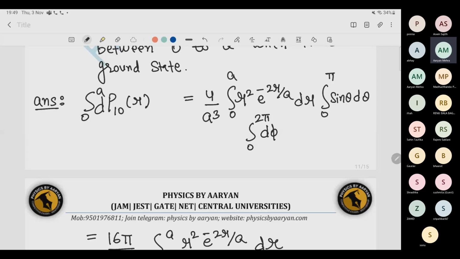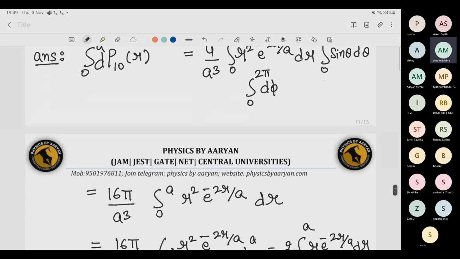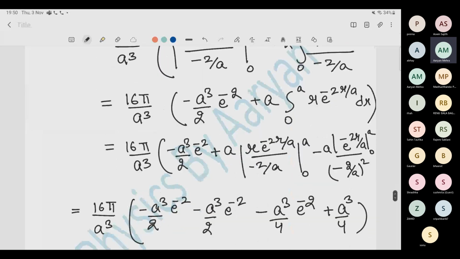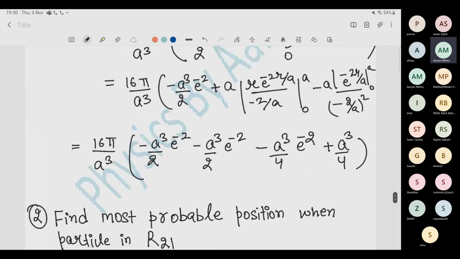Your R limit will be from 0 to A, your theta limit from 0 to pi, and your phi limit from 0 to 2 pi. It's the basic spherical polar coordinate system. You do this integral and you get some value. You don't have to worry what this value is. You only need to know how to do these calculations. I want you to repeat these calculations.